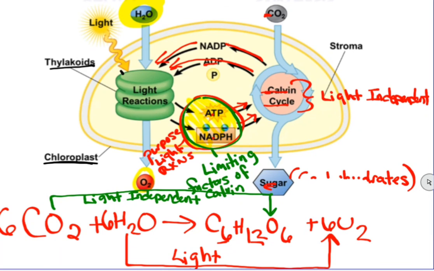So think about when a plant is put in darkness, do you expect it to immediately stop photosynthesis, or do you expect it to be able to continue photosynthesis for a few hours until it runs out of NADPH and ATP? That's the basis of the experiment that I'm sending you guys today.